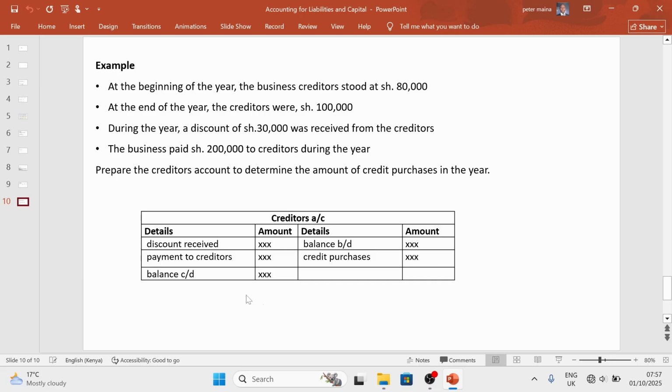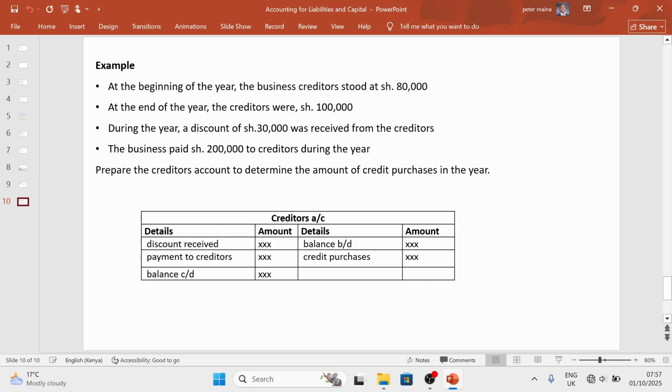So you just need to remember the format for the creditors account. If you are given the two balances, that is the balance at the year beginning and the balance at the year end, then the balancing figure is going to be whatever has not been provided in the question. In this case, the credit purchases.